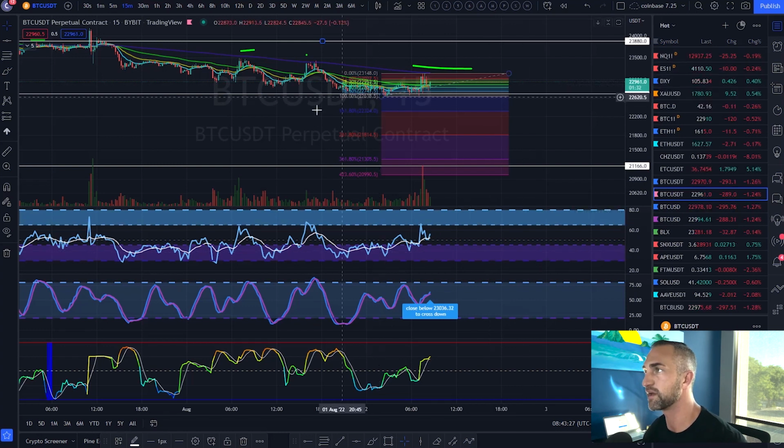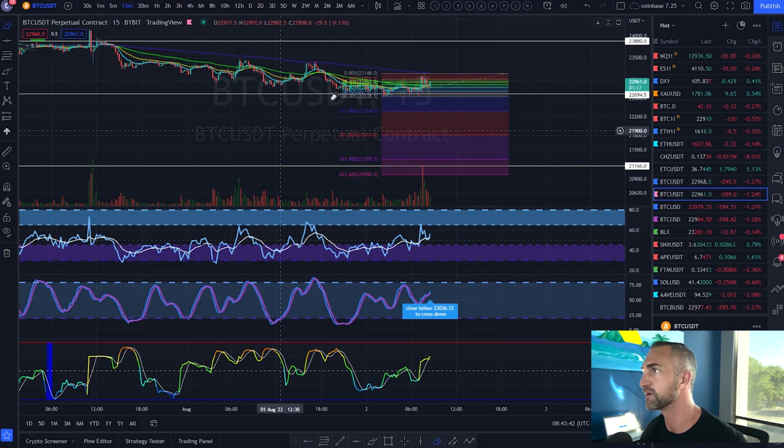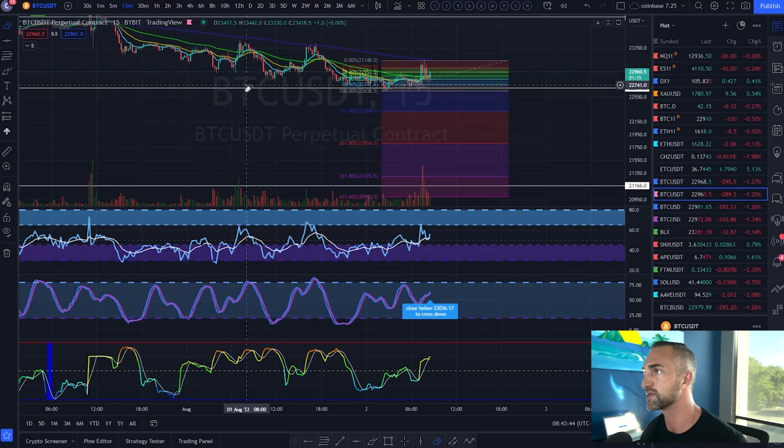I think the JOLTS numbers were coming out today. I'm not sure exactly what the JOLTS numbers said yet. I'll have to get onto that, but it is a leading indicator for the Fed to know whether they're going to have to put the brakes on or put the pedal to the metal when it comes to those rate hikes coming in September. I do believe we're going to get a lot of hemming and hawing and volatility right now.